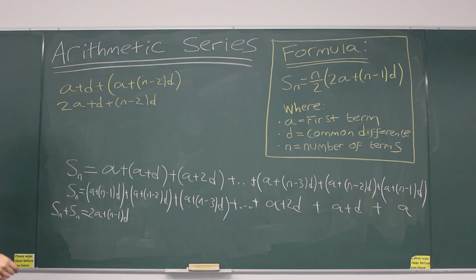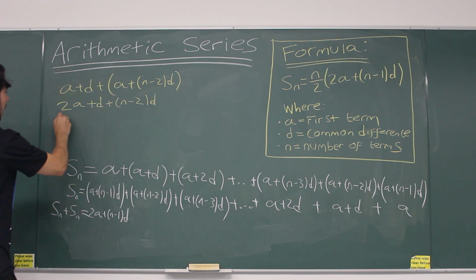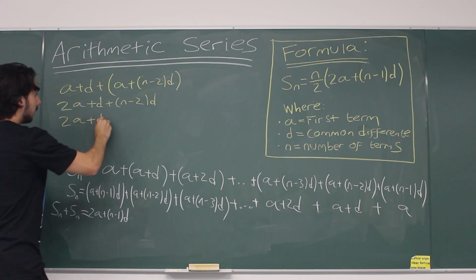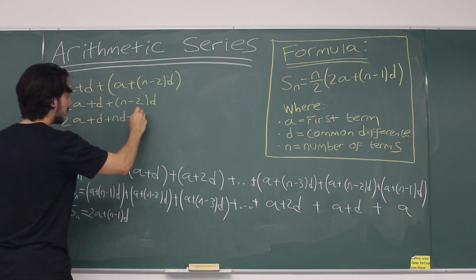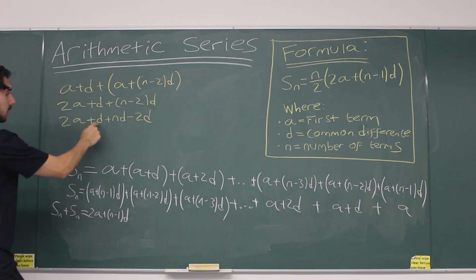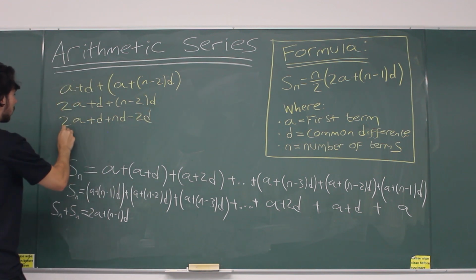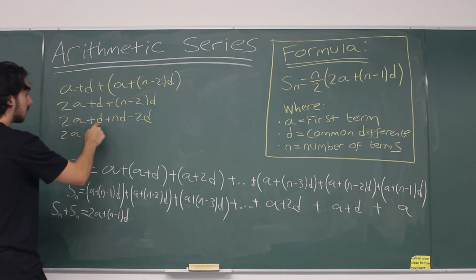If we expanded this out, we would have n times d minus 2 times d. But we already have a d there, so we have d minus 2d. So this is 2a plus d minus 2d, so just minus d, plus nd.